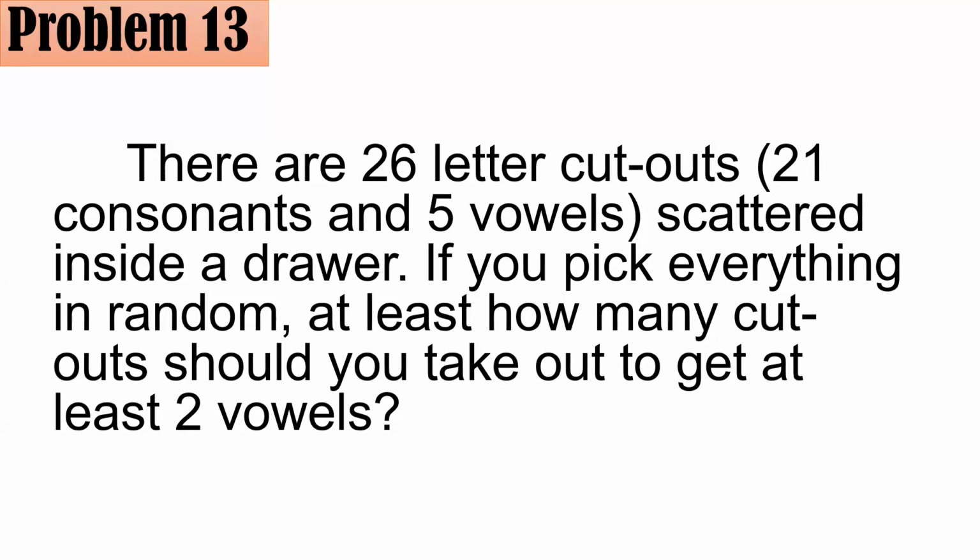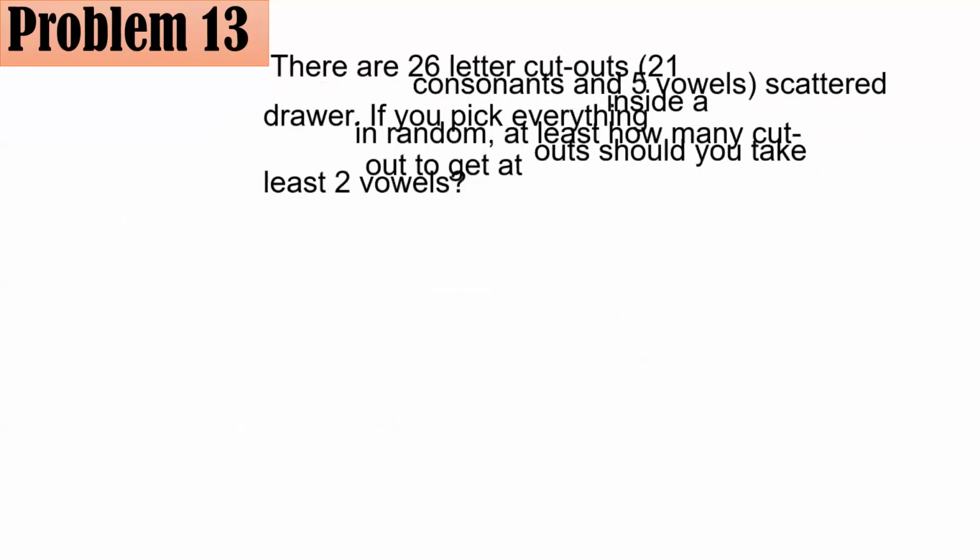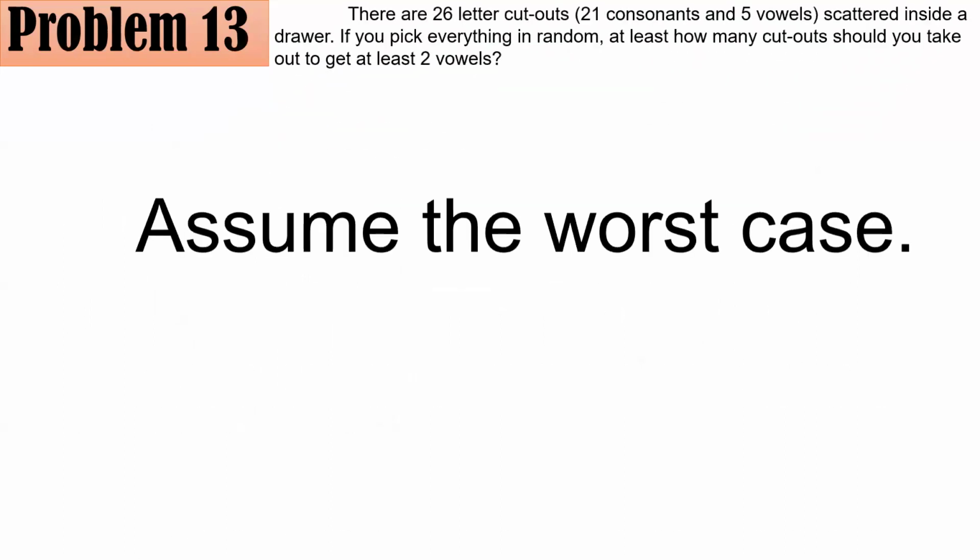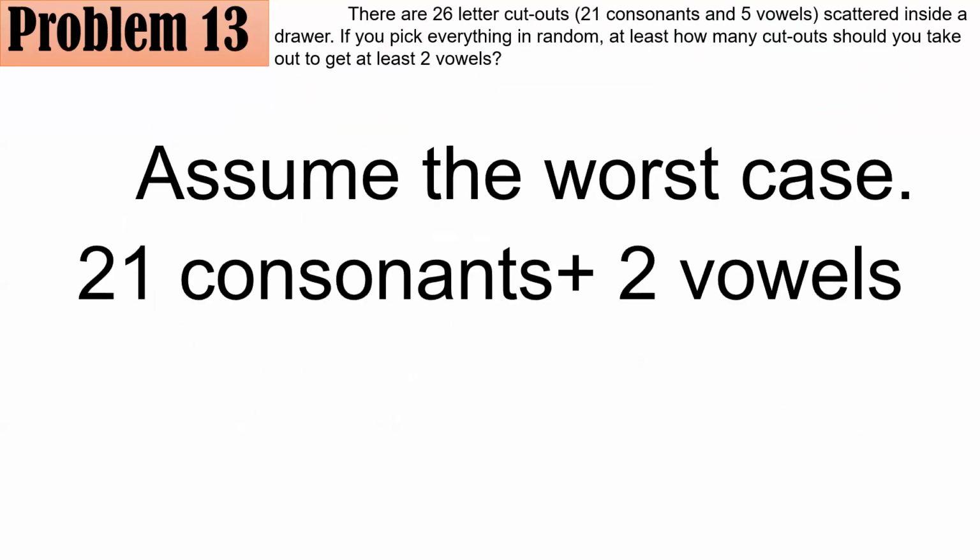Okay? So again, assume the worst possible case that your goal are the 2 vowels, but you unluckily picked all the consonants, which are 21 of them. And if you pick out all the 21 consonants, then whatever 2 that you will get will surely be vowels.